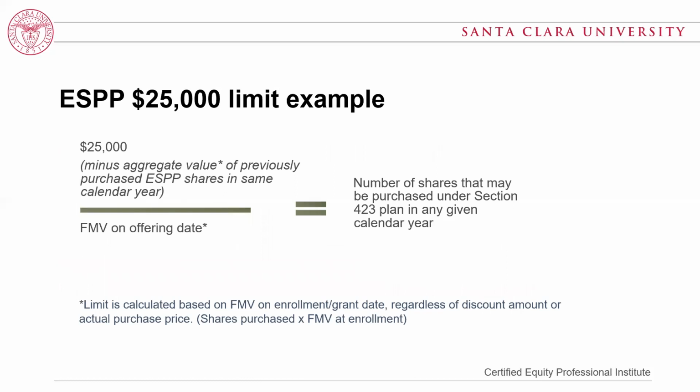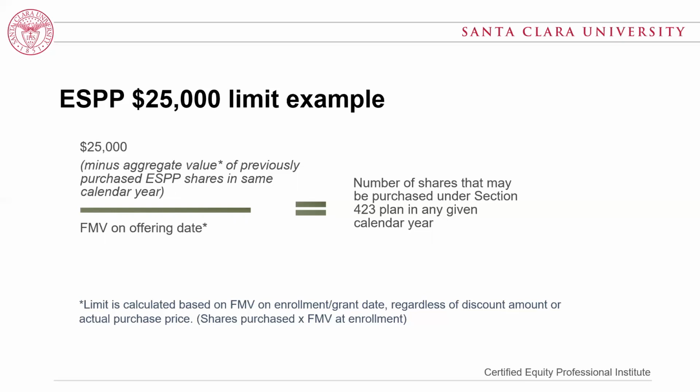So is it just that the employee can't pay more than $25,000 for ESPP stock in a calendar year? No, that would be simpler, but that's not how the limit works. It is measured based on the stock's fair market value on the first day of the offering period, regardless of whether or not that's the actual purchase price.